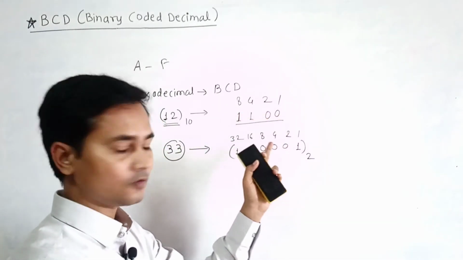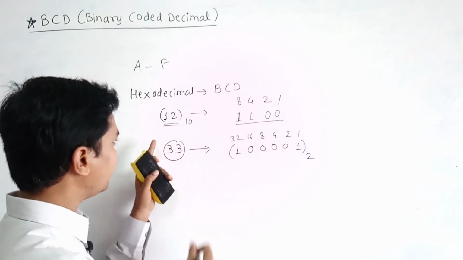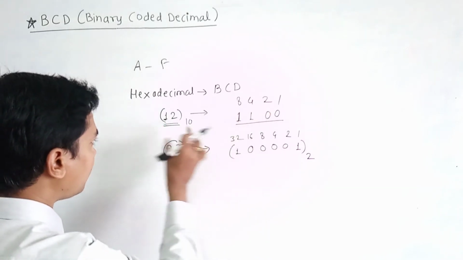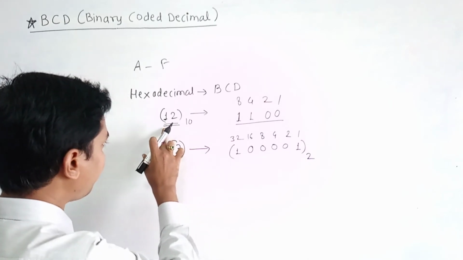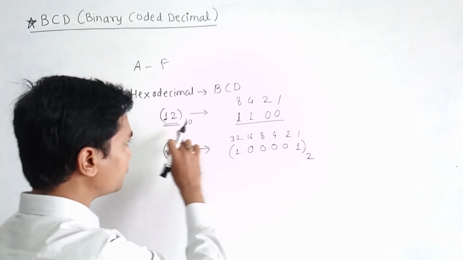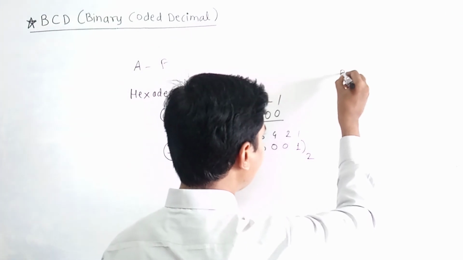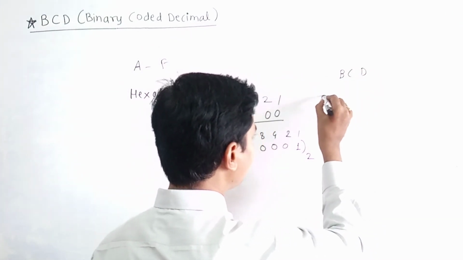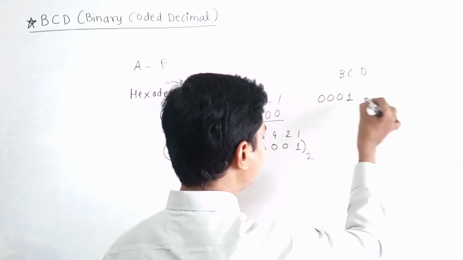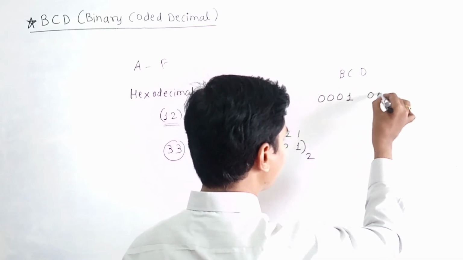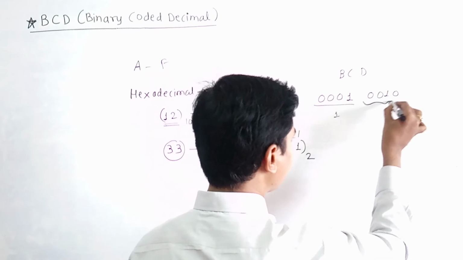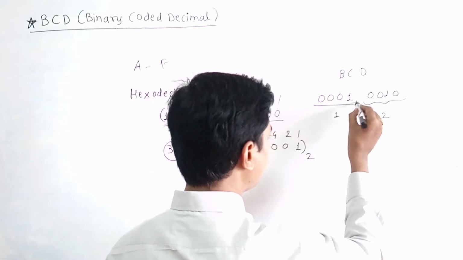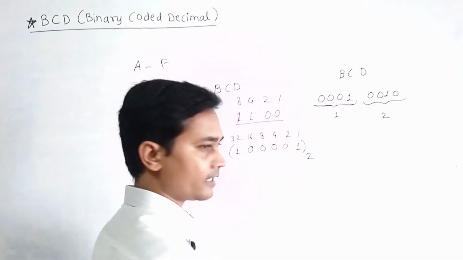Just take the 8421 code of the individual digits: the 8421 code of 1 and the 8421 code of 2. So in BCD it will become 0001, and 2 means 0010. So this is our 1 and this is our 2.